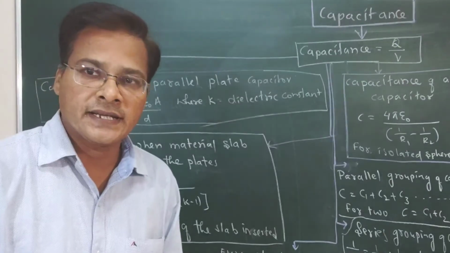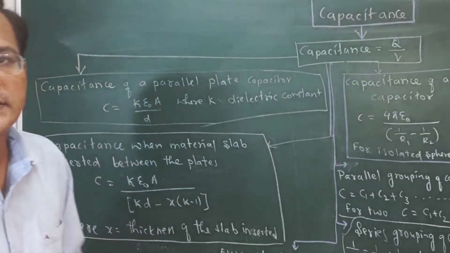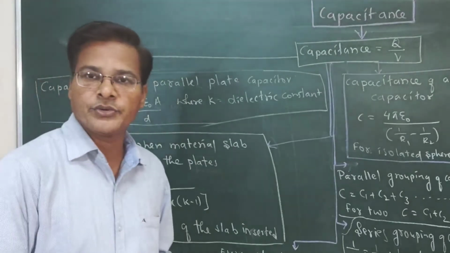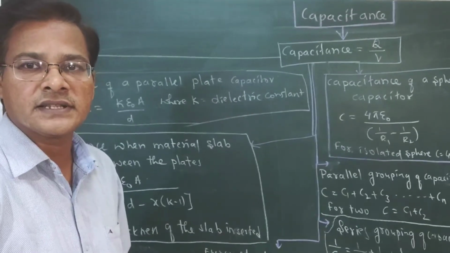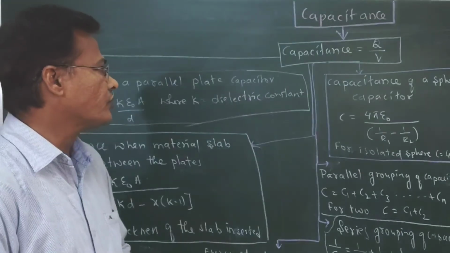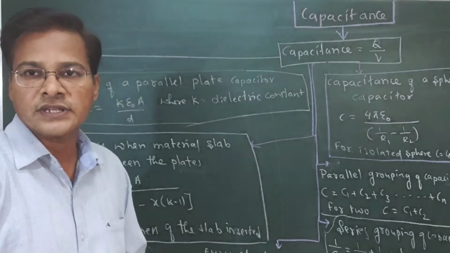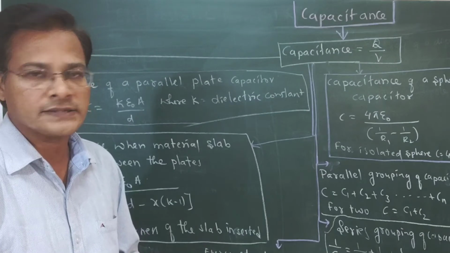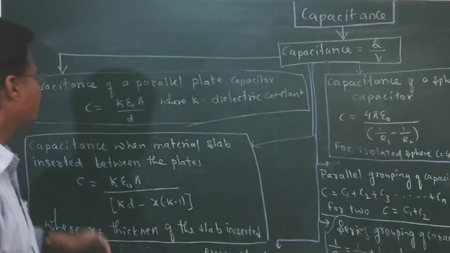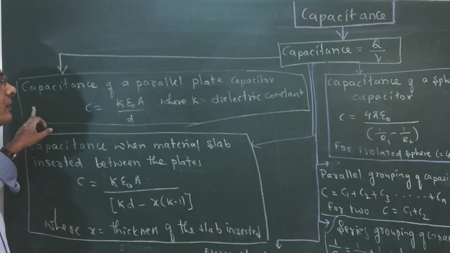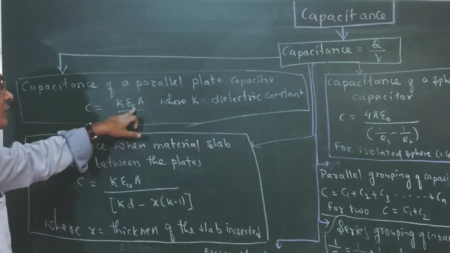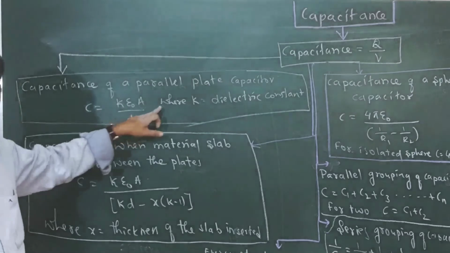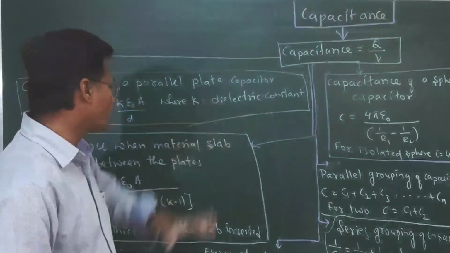Now we can go into understanding capacitance. Capacitance is the ratio of the charge to the potential, that is Q by V. The capacitance of a parallel plate capacitor we can write as C equal to K epsilon naught A divided by D, where K is called the dielectric constant.